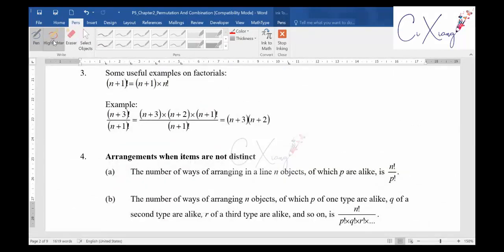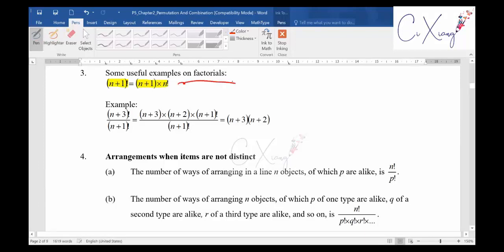Okay, there are some useful formulas on factorial. As an example, n plus 1 factorial can be written as n plus 1 multiplied with n factorial. If you don't understand what it means, you can do it like this. Say I have 8 factorial.